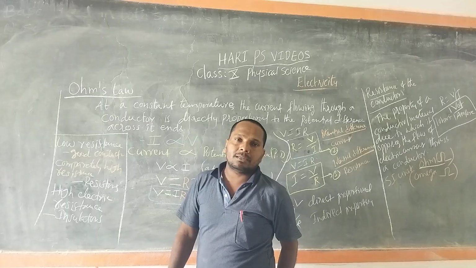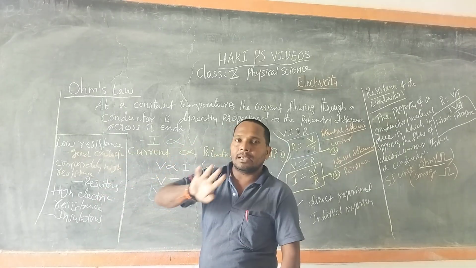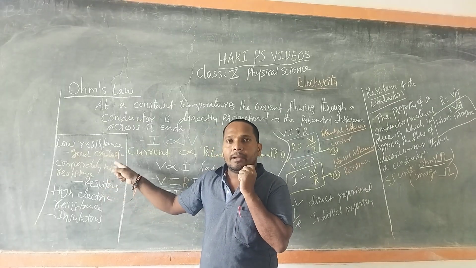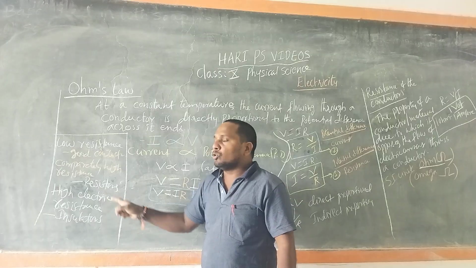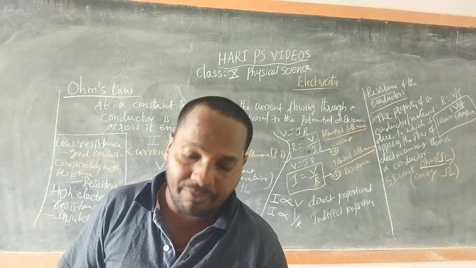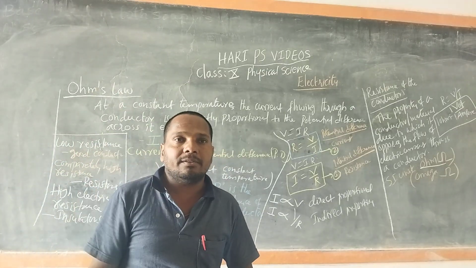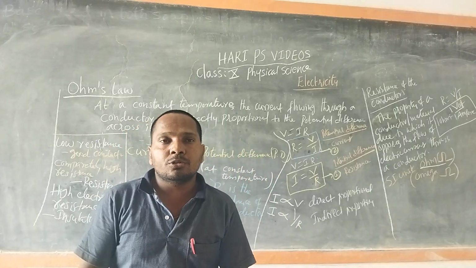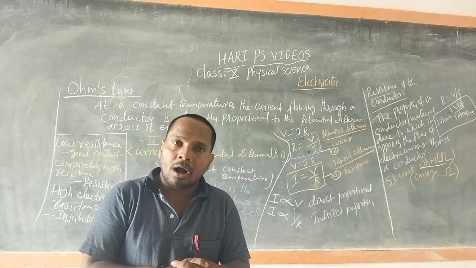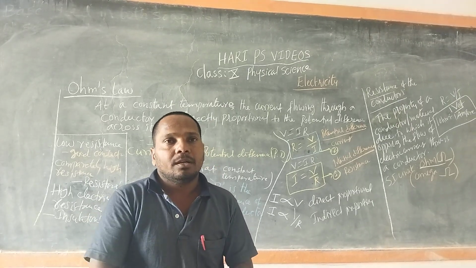Comparatively high resistance materials are called resistors. Nichrome, manganese, constantan are examples, and nichrome is used in an electric iron. Those having infinitely high resistance are called insulators. Examples are plastic and rubber.